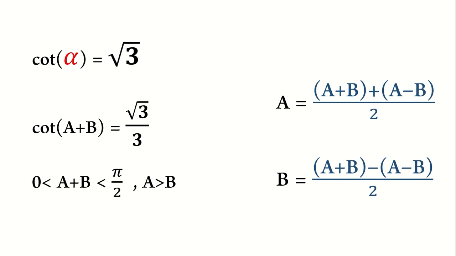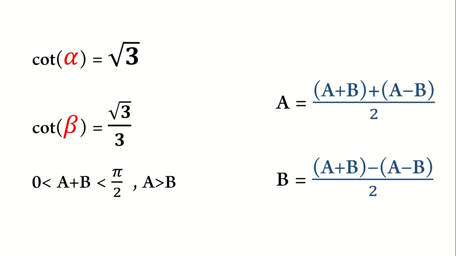And it's better to name the a minus b and a plus b terms, like a minus b is alpha and a plus b is beta. So we have cotangent of alpha and cotangent of beta equal to radical 3 and radical 3 over 3 respectively.